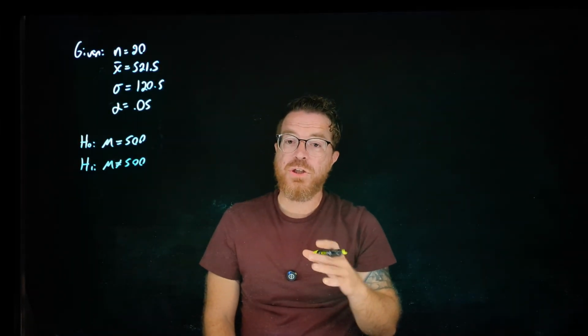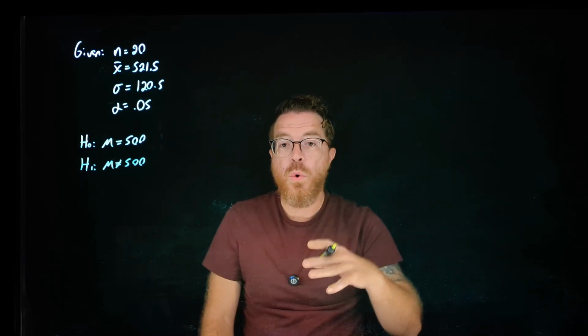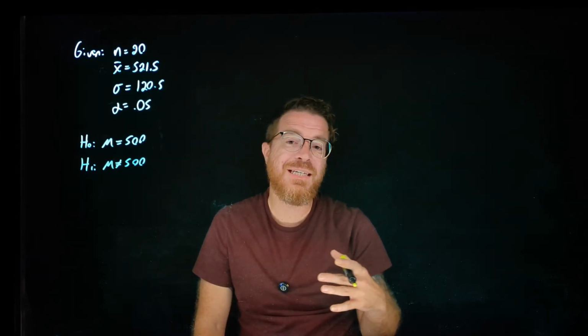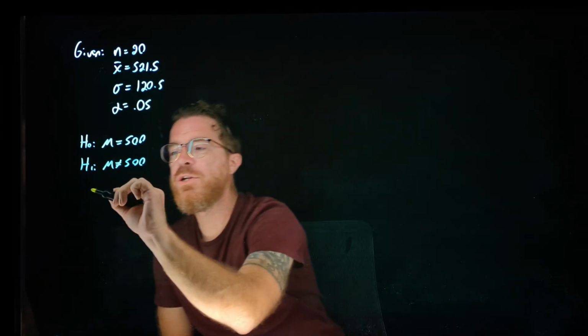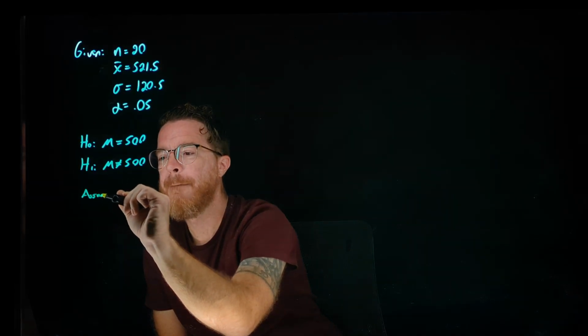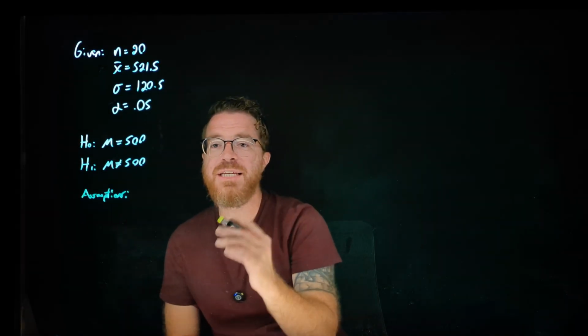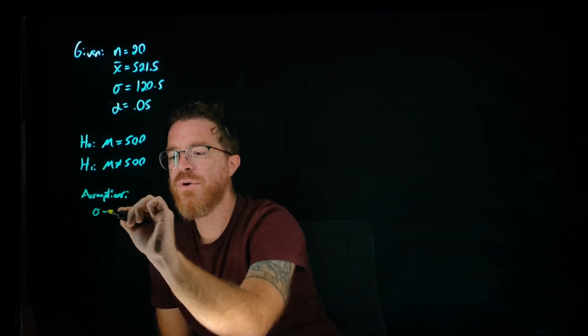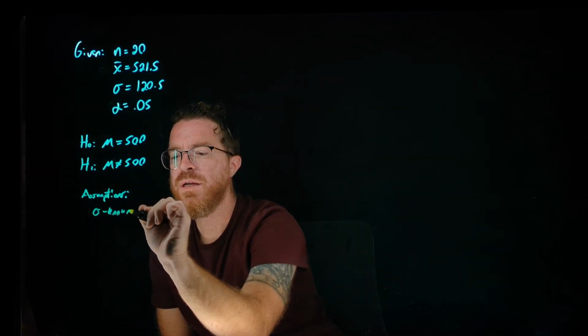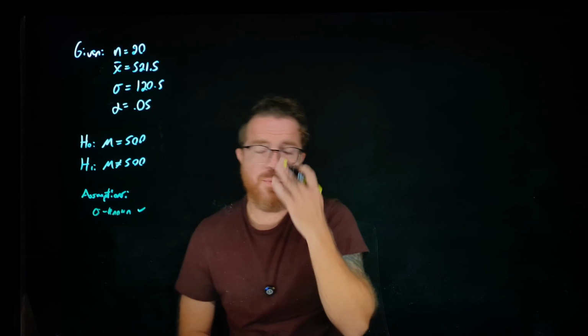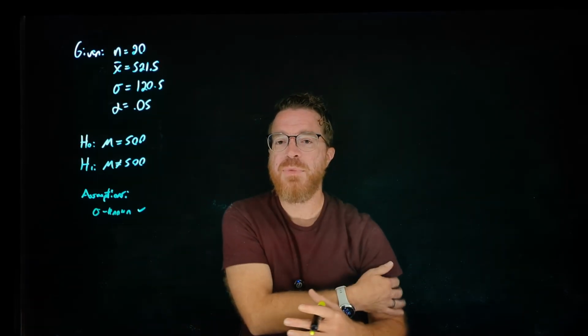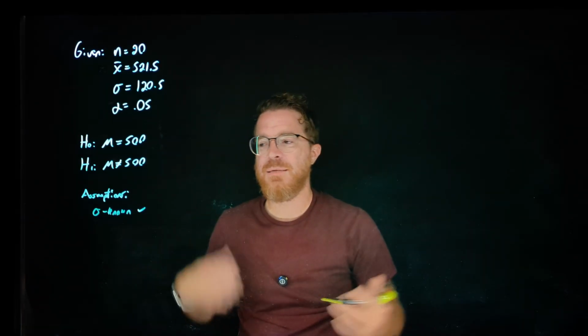Now, before we actually go on to finding our critical region or finding our test statistic, we first need to see which distribution we're in. So now we're going to check our assumptions. In this case, the first assumption is sigma known. Well, in fact, for us, sigma is known because we had this value from outside of our sample, meaning we didn't calculate it, so we're treating it as sigma.